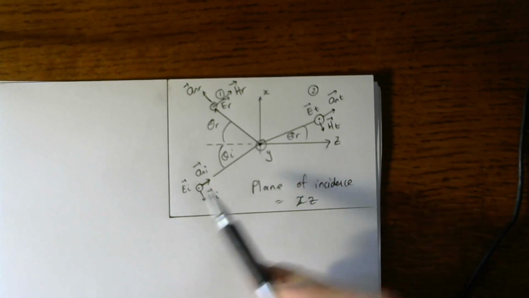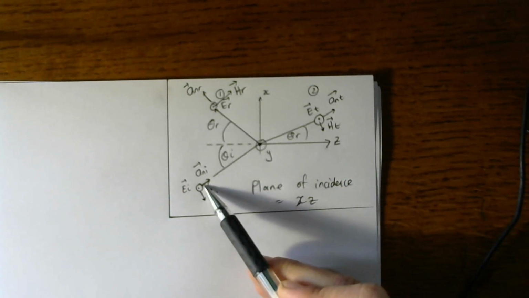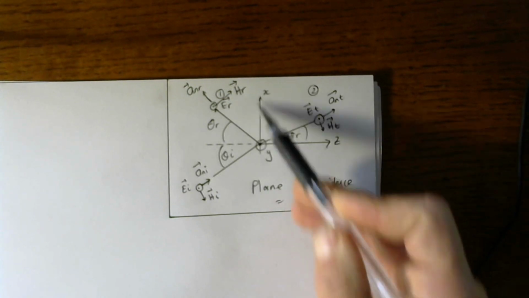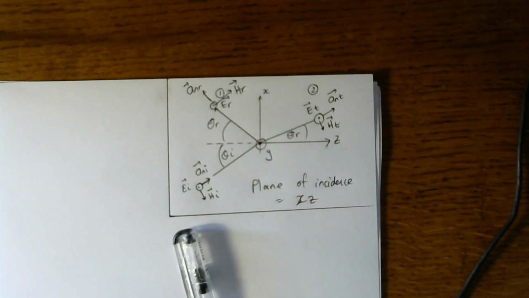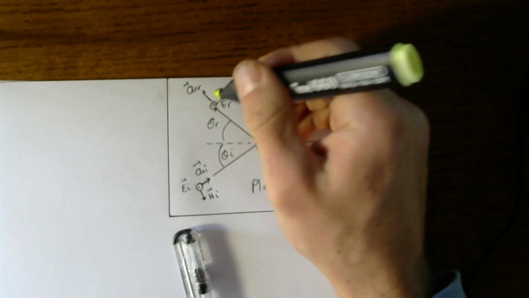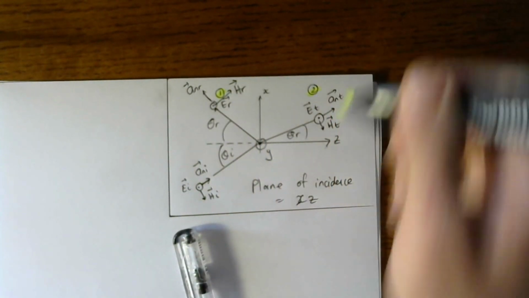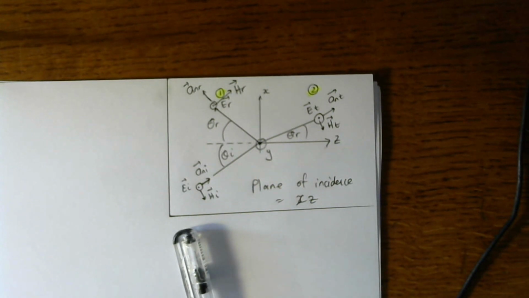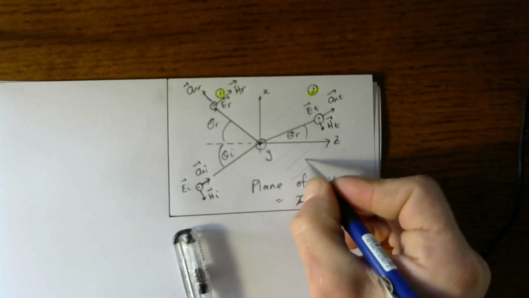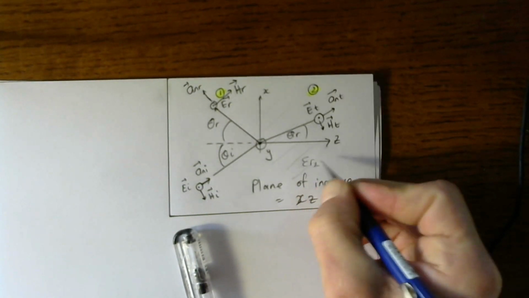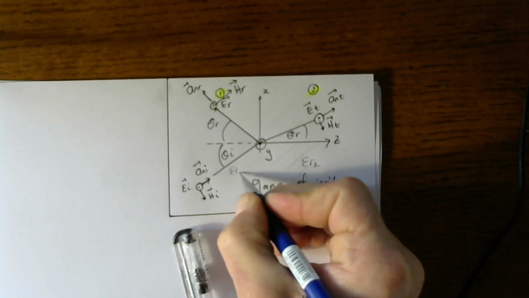Okay, so EI is incident on this interface between region 1 and region 2. So let's highlight that. I have region 1 over here and region 2 over here, and this part has its own characteristics, maybe epsilon R2, and this one is epsilon R1.